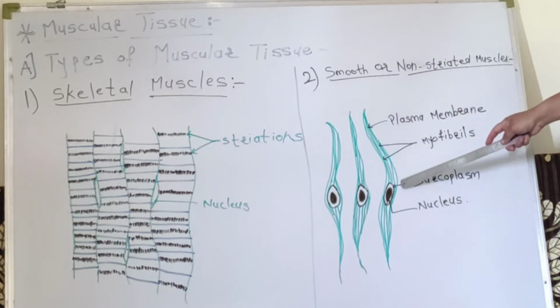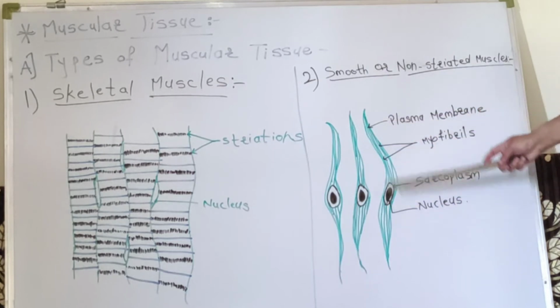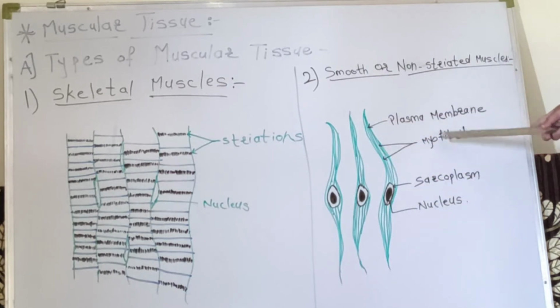You can see this is the structure of the smooth muscle, and this is the spindle-shaped muscle. It has a plasma membrane, also called sarcolemma. It has a nucleus, and the outer covering of the nucleus is sarcoplasm, that means a liquid-like or semi-fluid.